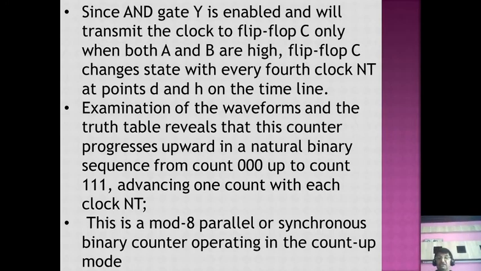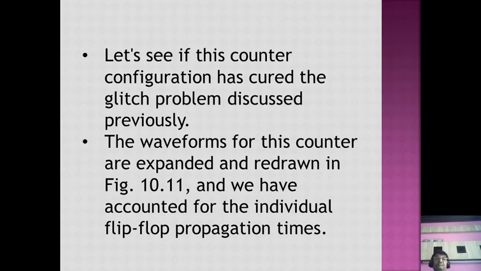This is a modulus 8 parallel synchronous binary counter operating in count up mode, because there are 8 discrete states from 0 to 7. Let us see if this counter configuration has cured the glitch problem which was discussed in the asynchronous or ripple counter.